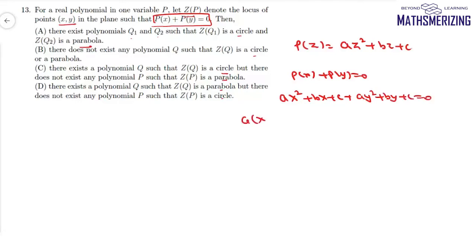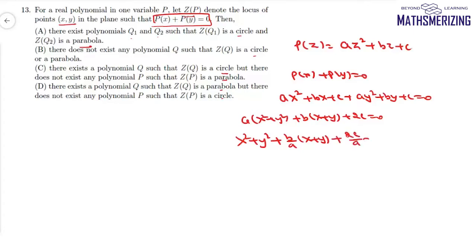So here I'll get a(x square plus y square) plus b(x plus y) plus 2c equals 0, which is x square plus y square plus (b upon a)(x plus y) plus 2c upon a equals 0. Which is the equation of a circle, and it cannot represent the equation of a parabola. So the answer to this question will be, ZQ is a circle, but it cannot be a parabola. Which is your option number C.